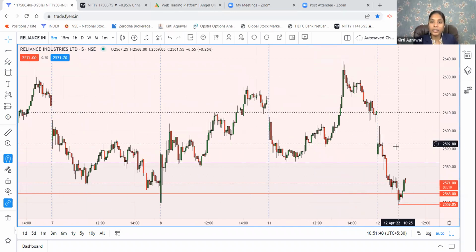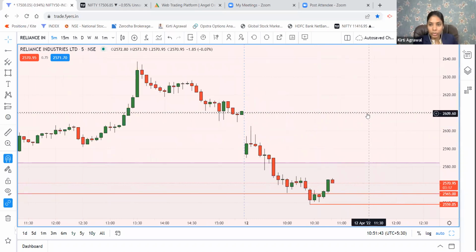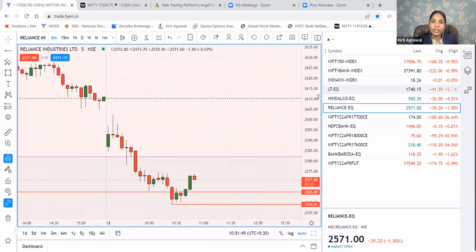So Reliance is a big supporter, a major contributor to the Nifty. So that way Nifty will also find support.